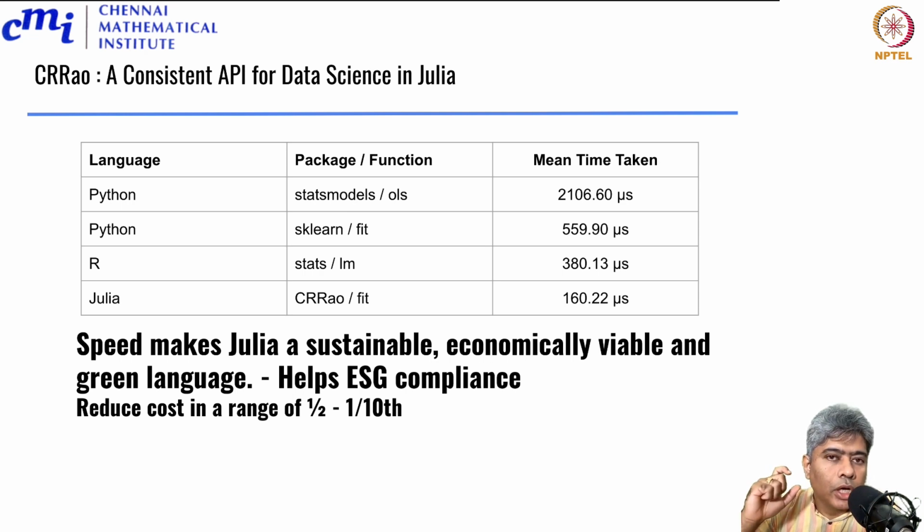Now imagine you have a service that charges $1 for each microsecond. For the exact same model, when I'm trying to fit in Python, it will cost me $560, whereas in R it will cost me $380, whereas in Julia CRRao will cost you only $160.